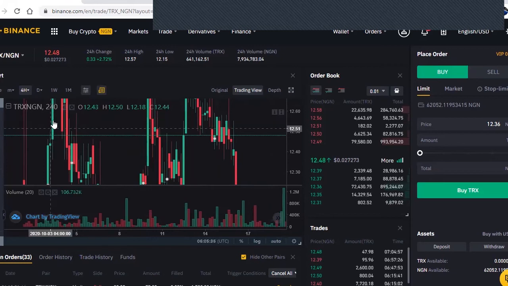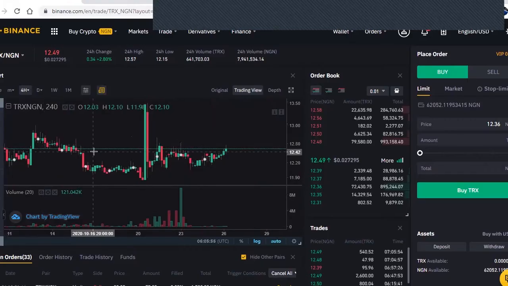This candlestick represents every 4 hours, whether it's red or green. The same thing goes for the 1 hour chart, 2 hour chart, 6 hour chart. It represents what has happened in the market.